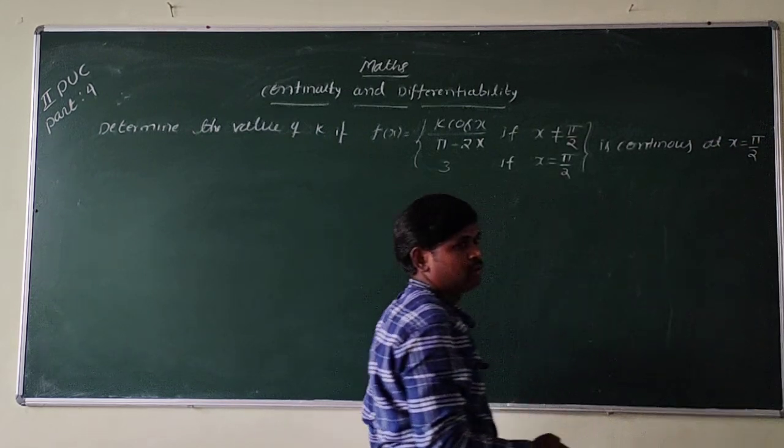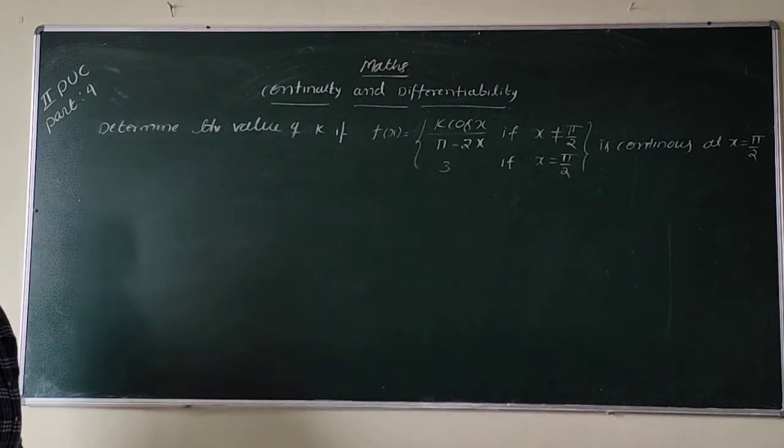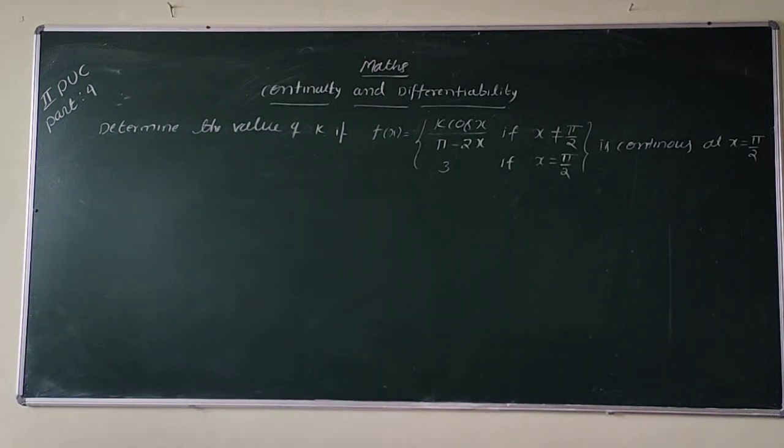Here also the given function is continuous at x is equal to pi by 2, so we need to find the value of k here.